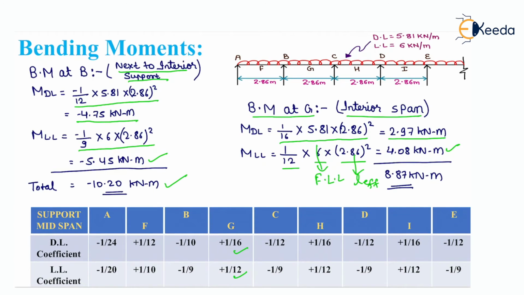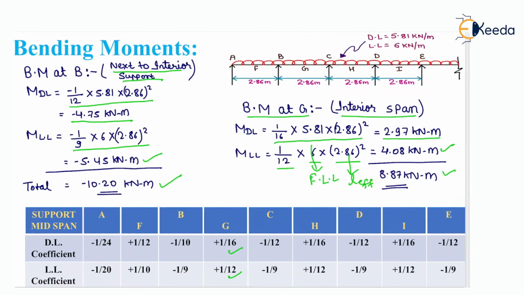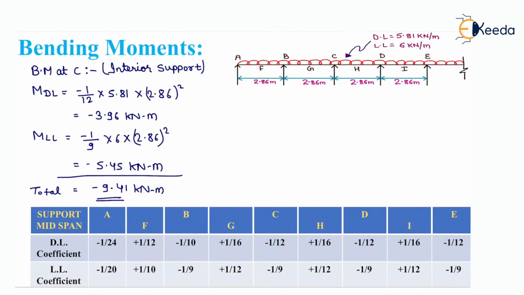Total bending moment is 8.87 kilonewton meter. Now, bending moment at C. It is an interior support. Now, bending moment due to dead load equals, using the formula, minus 1 by 12 into 5.81 into 2.86 square. Here 5.81 is the factored dead load and 2.86 square is the effective span square. On putting values, we will get minus 3.96 kilonewton meter.